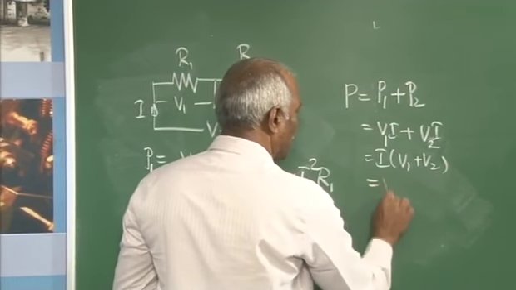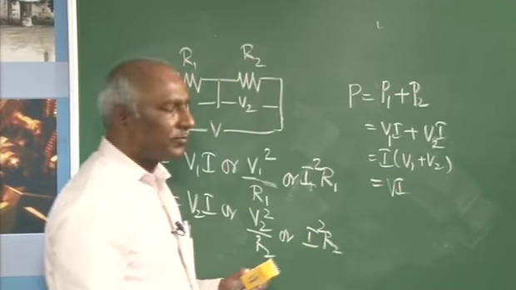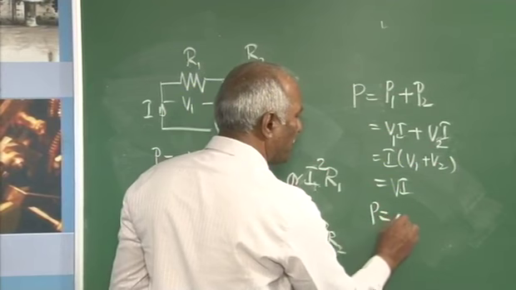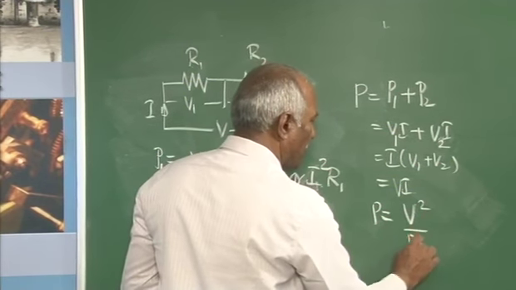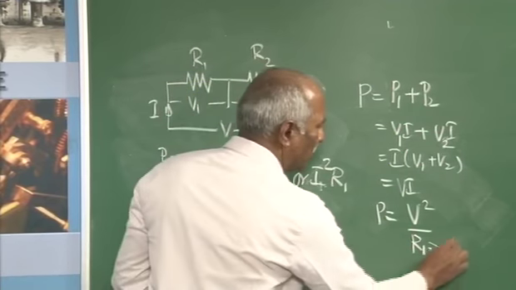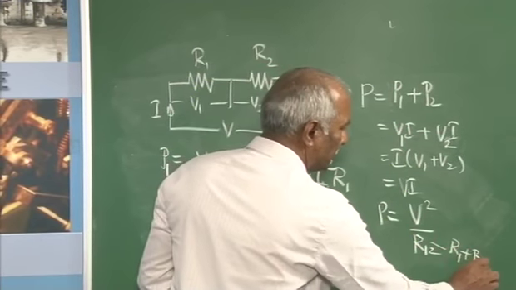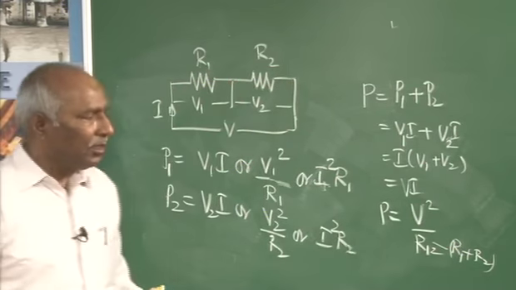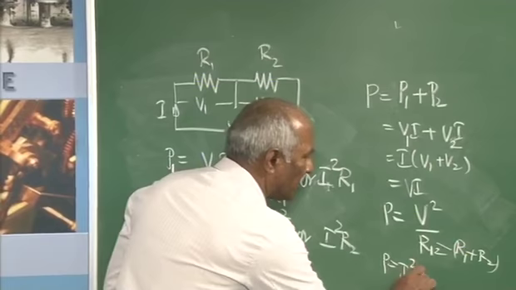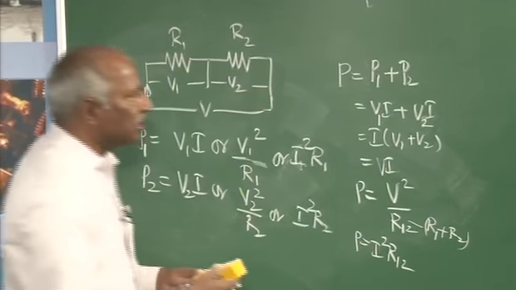This is nothing but equal to VI. Or it can also be written as P equal to V square by R12, where R12 is the total resistance and will be equal to R1 plus R2. It can also be calculated the other way: I square into R12 will give you the same total power.